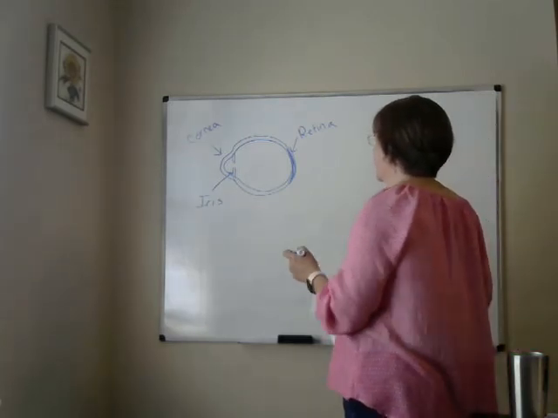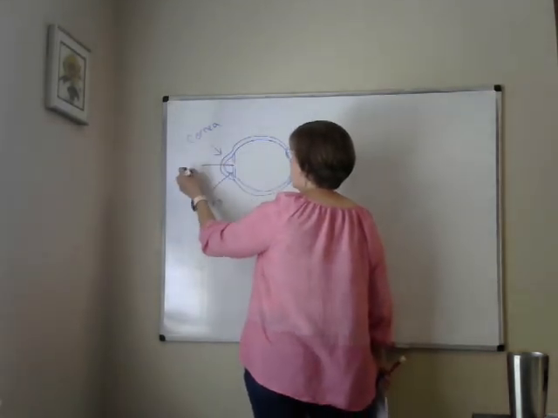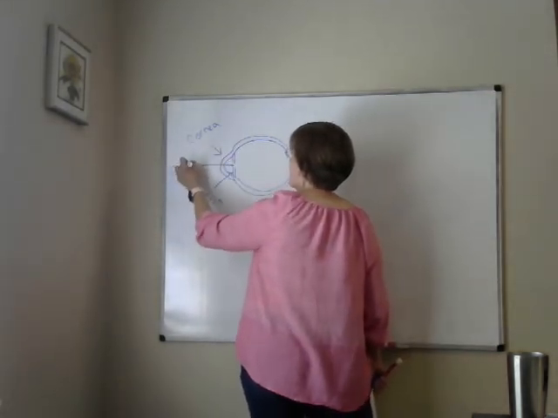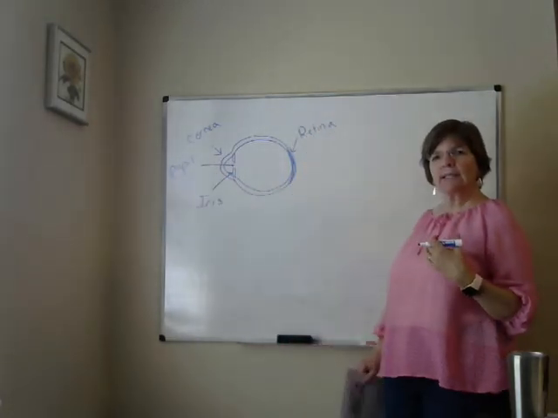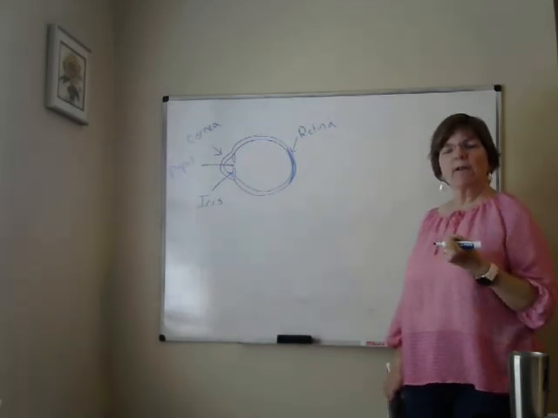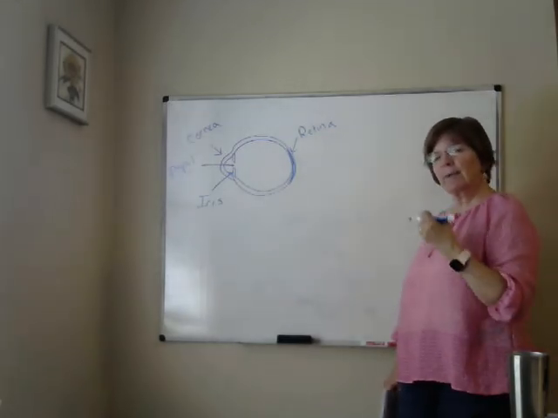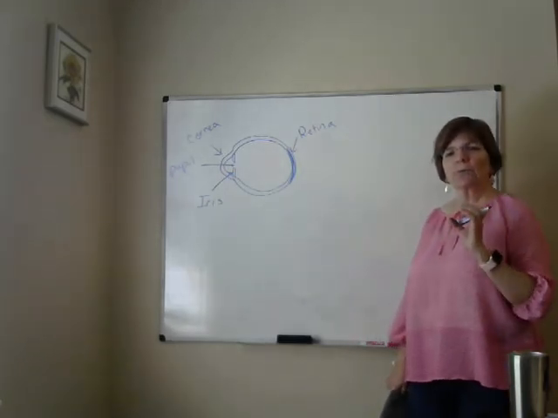The opening right here where the light can get through is called the pupil. That opening can be larger or smaller. It adjusts to the amount of light. In very bright light, the pupil will become very small and constricted to restrict the amount of light that's getting in. When it's really dark, the pupils will get really large.